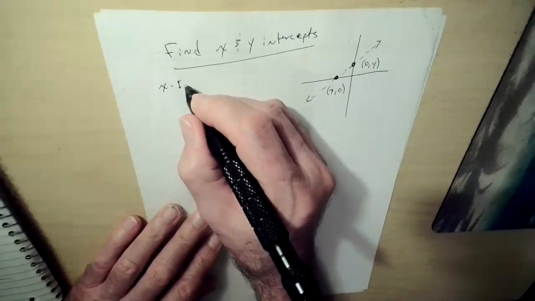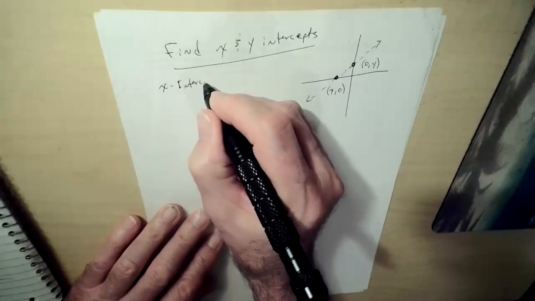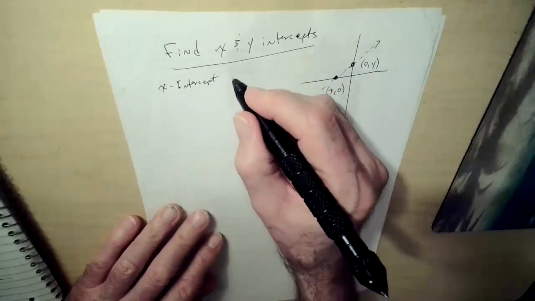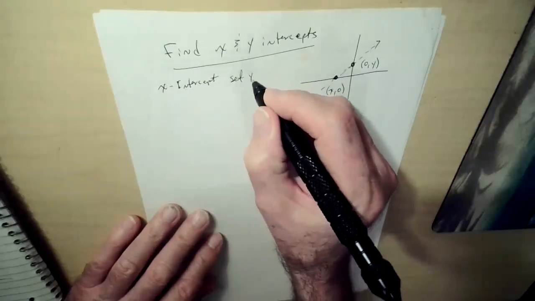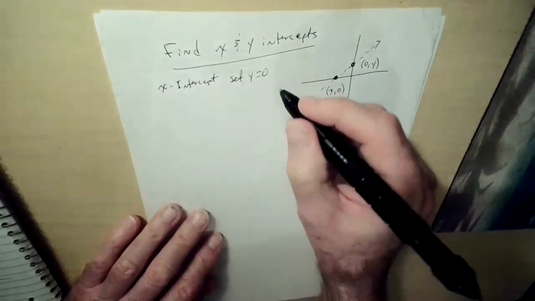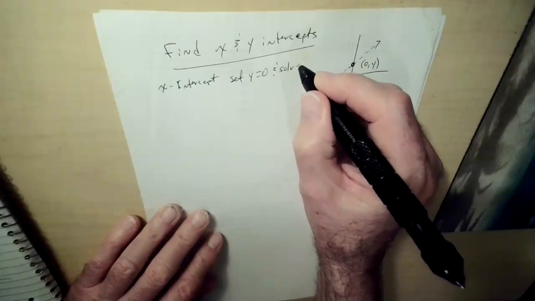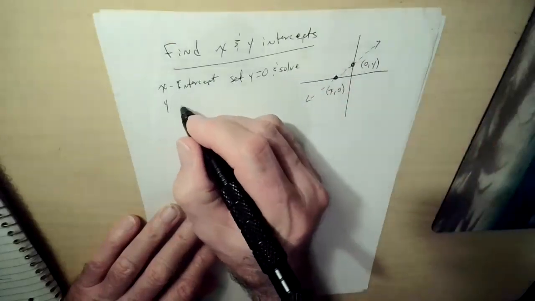So what we do is, to find the x-intercept, set y equal to 0 and solve.